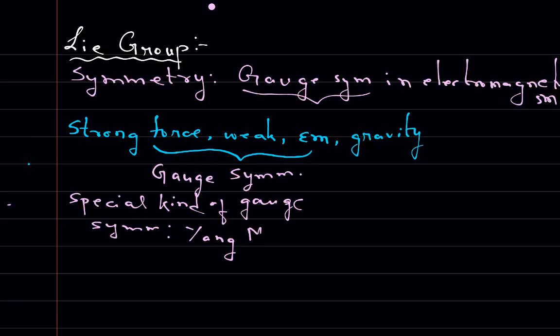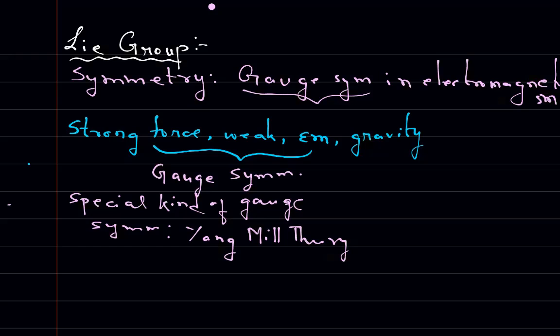I know I'm not writing any hardcore Lagrangian here, so I'm just giving you an overview and a motivation that will lead us to Lie groups. So strong force, weak, and electromagnetism are described by a kind of theory, and that theory is Yang-Mills theory.